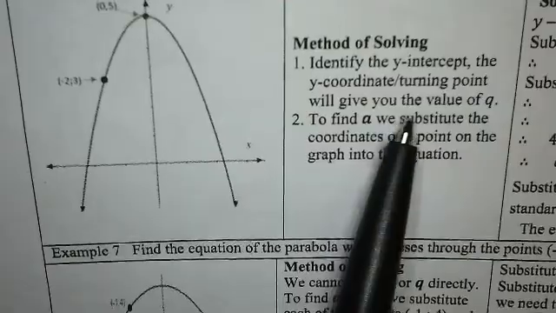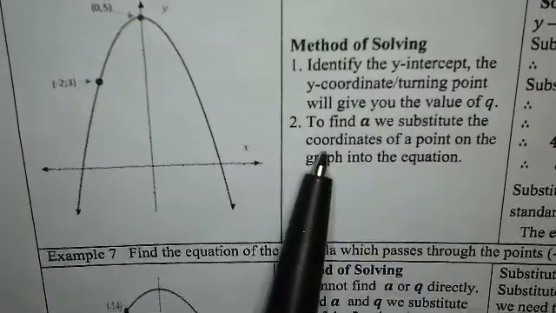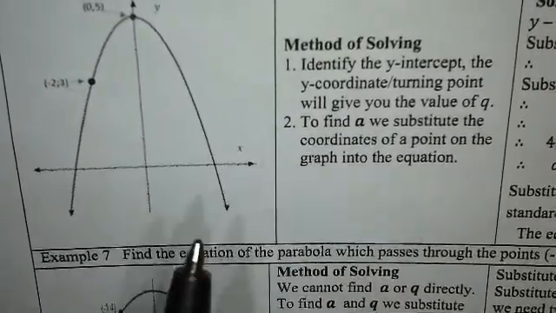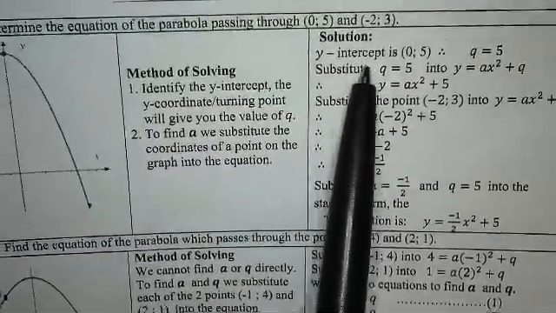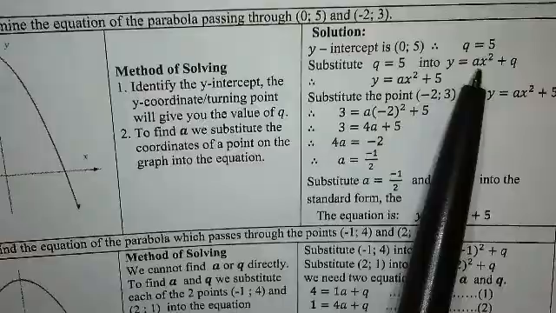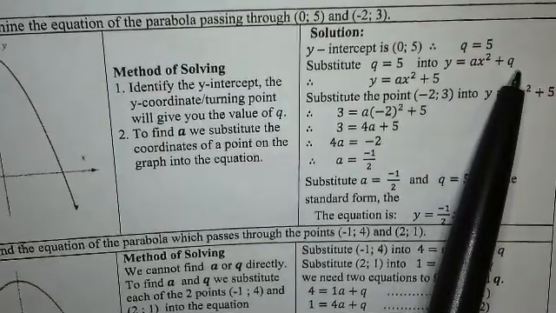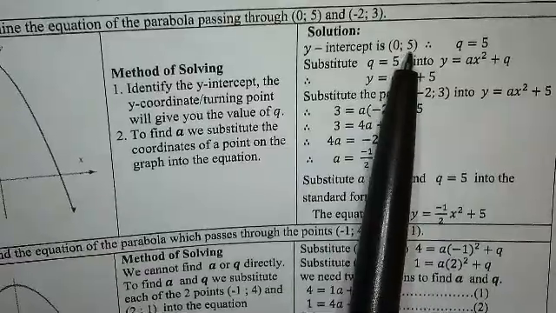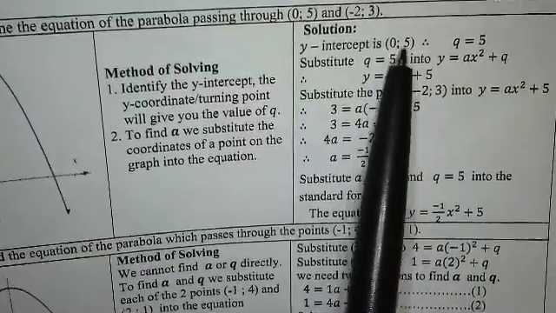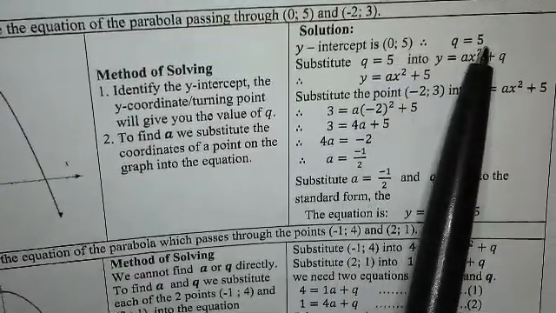And to find the a, we must substitute the coordinates of a point and the q value. So if you look at this then, remember your general form is y = ax² + q. So that's my identification of my y-intercept as (0, 5). That implies that 5 will be my q value.